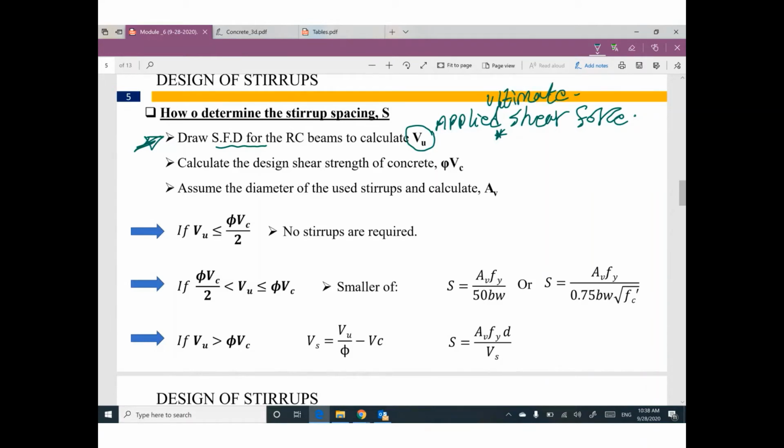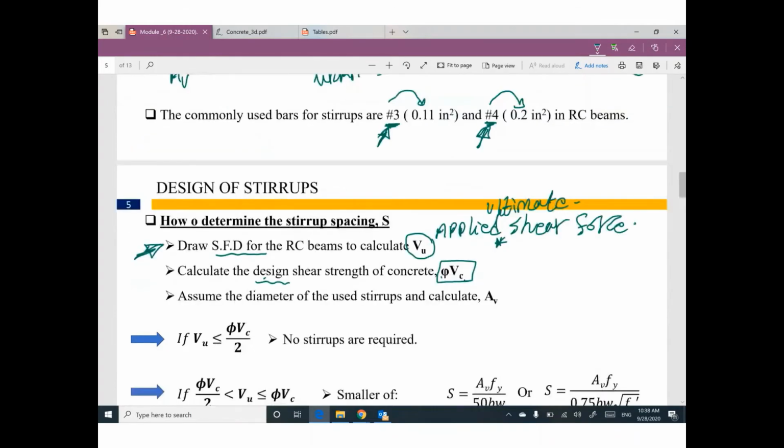Then I'm going to calculate the value supported by concrete. Shear strength of concrete, but not nominal, the design. If you would like to get a design, you need to multiply Vc by phi, and your phi is 0.75. Vc, here you go, this one.